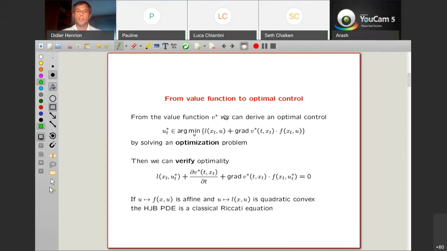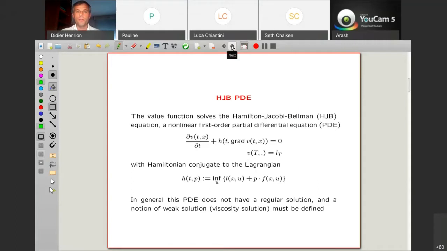It is called the Riccati equation. So actually, in general, for nonlinear dependence of the dynamics in the control and the Lagrangian in the control, this can be a challenge to solve for the value function, to find the value function V star.